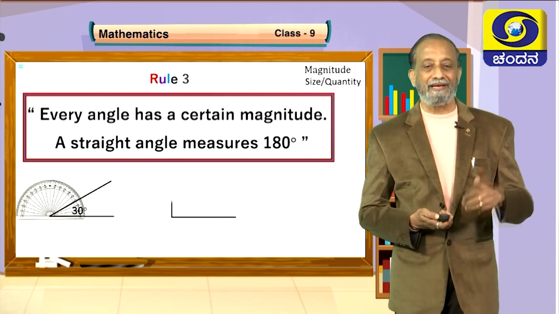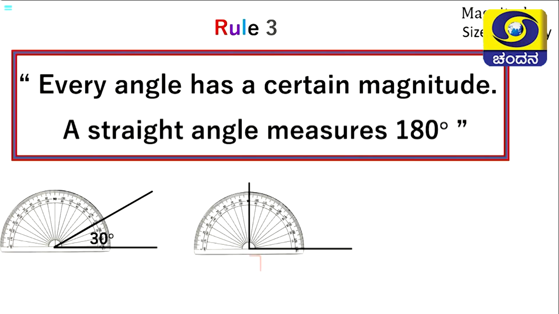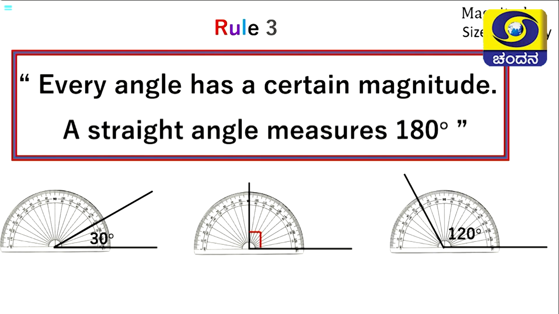This is an acute angle whose magnitude is 30. Here is a right angle whose magnitude is 90. Here is an obtuse angle whose magnitude is 120 degrees. So every angle has a certain magnitude. Certain means sure, not having any doubt. Definitely you take any angle, it will have some amount of magnitude.